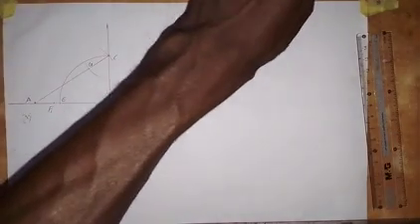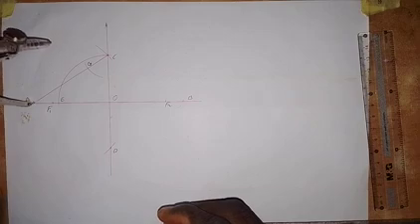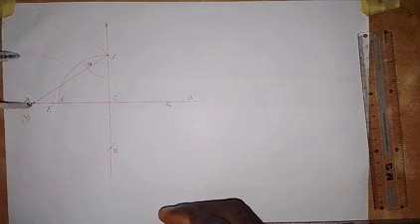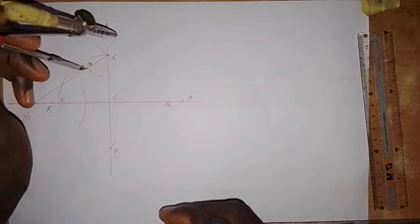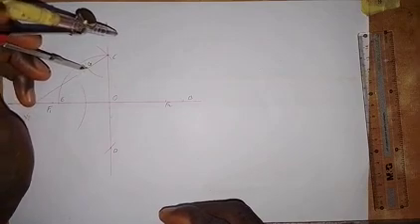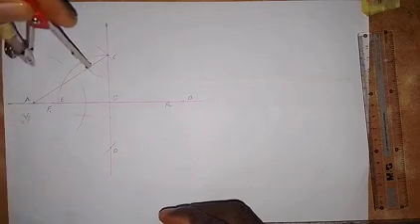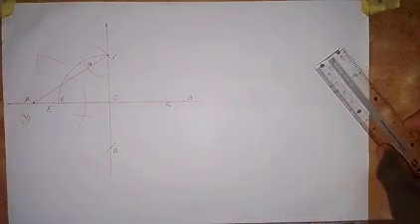Then I'm going to bisect AG. To bisect AG, I believe you know how to bisect any given line, how to divide any given line into two equal parts. So here I draw an arc here, and I draw an arc down here, with the same radius, putting it at G. Then I join the points of intersection of the arcs together.